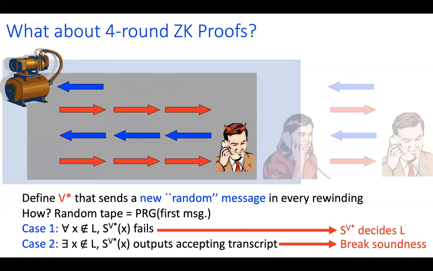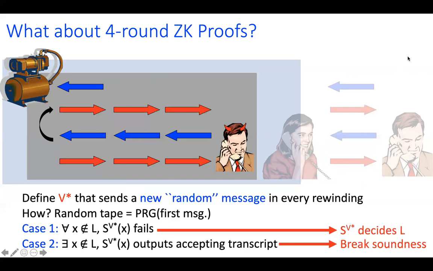The verifier is always going to send the same first message in all sessions, so the simulator can only usefully rewind from the third to the second message. Okay, and now we're going to define exactly the same malicious verifier and try to carry out the same Goldreich-Krawczyk lower bound.